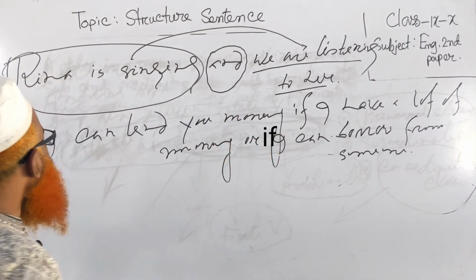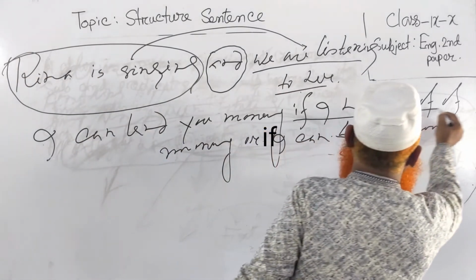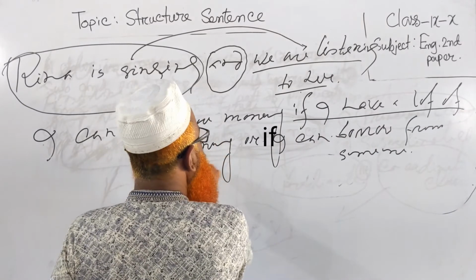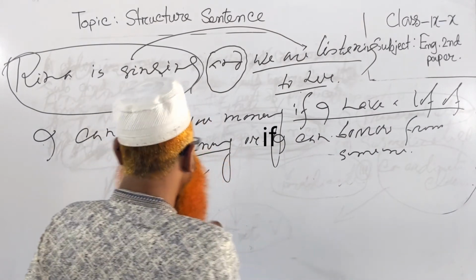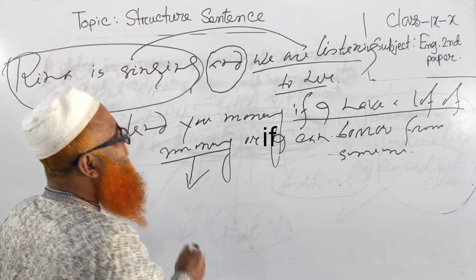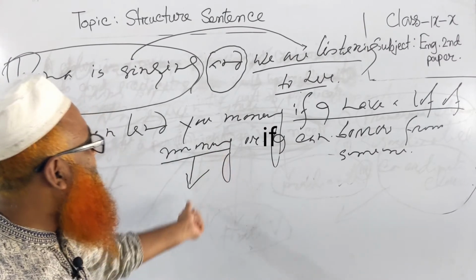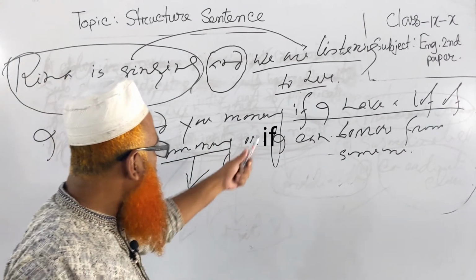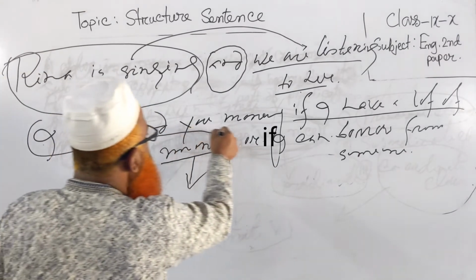Here, if I have a lot of money is a subordinate clause, because it does not express its meaning alone. It always depends on the principal clause.